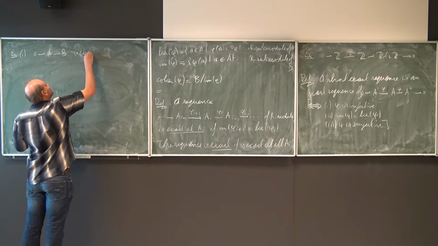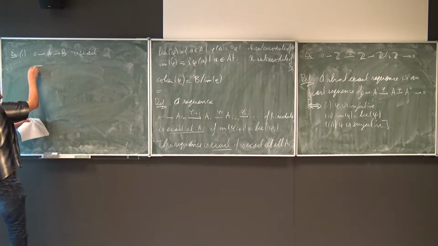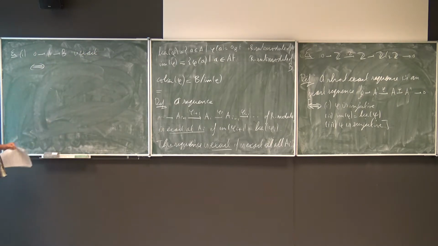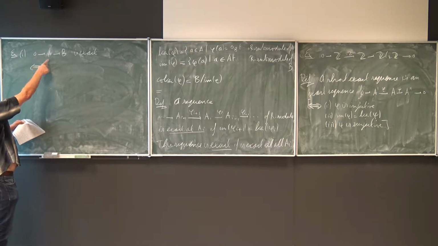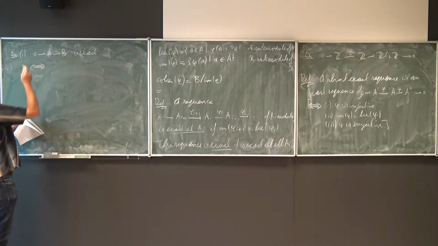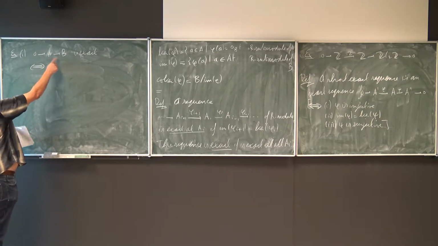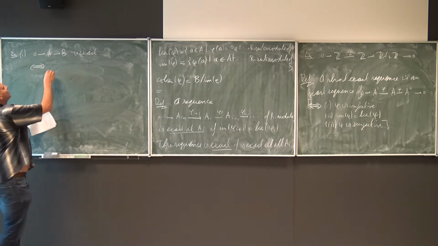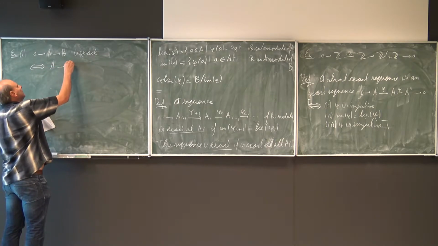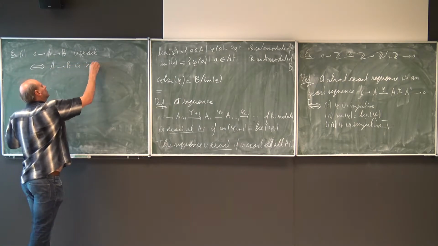So this is exact, well, there's only one position to look at, namely a position of A, and then we have again that the incoming thing has image 0, and therefore the kernel of this one should be only 0, so that means that this map A to B is injective.